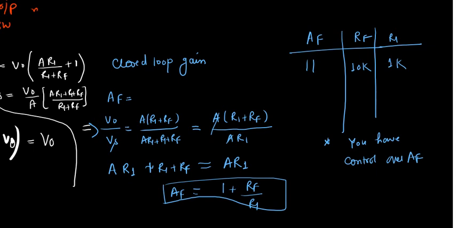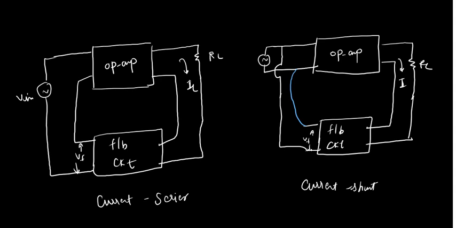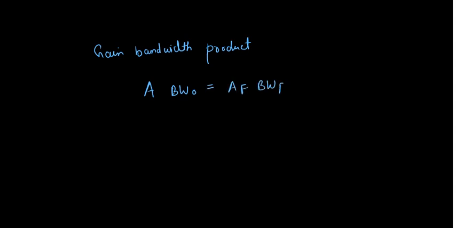Because for the open loop, the frequency should be very small, right? So that you can see from the gain bandwidth product. For open loop gain A, the bandwidth for open loop is BW0. But now with feedback, or for closed loop, the bandwidth would be this. Am I right?